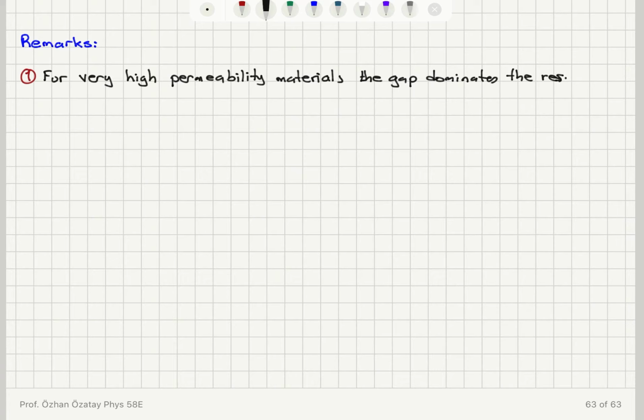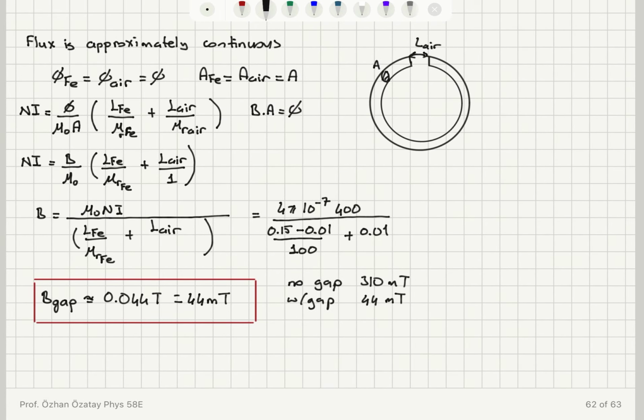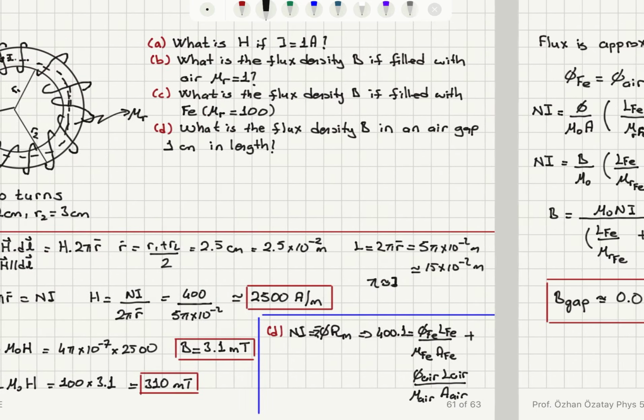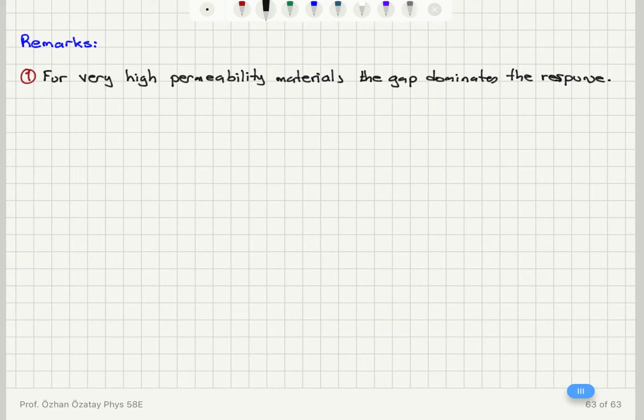And why is that? Well, if you go back to our reluctance, which is L divided by mu A, if you have a very high permeability material, the reluctance for that part of the magnetic circuit goes to 0, so it behaves as if it's a short circuit, but the air will have a substantial reluctance, so it will dominate the response.